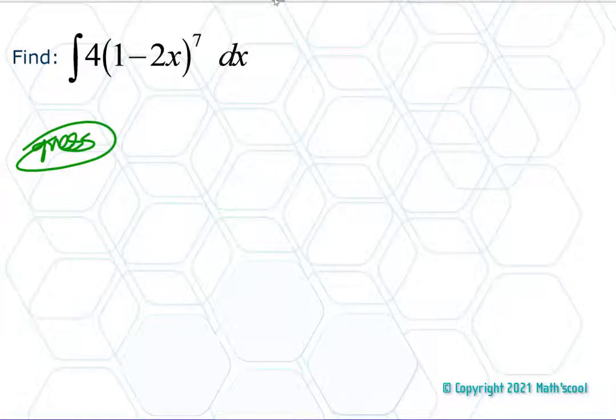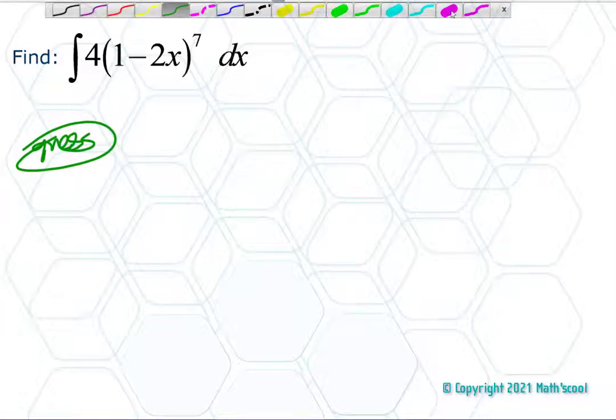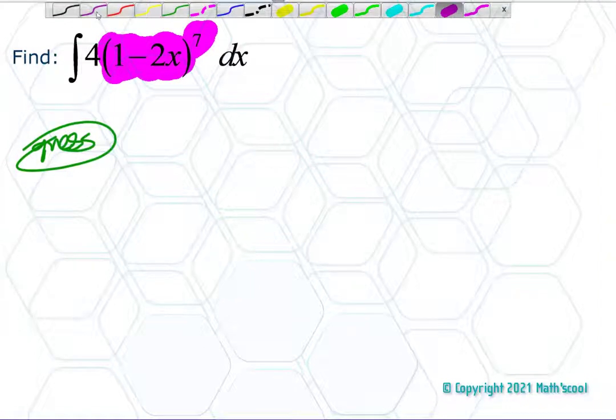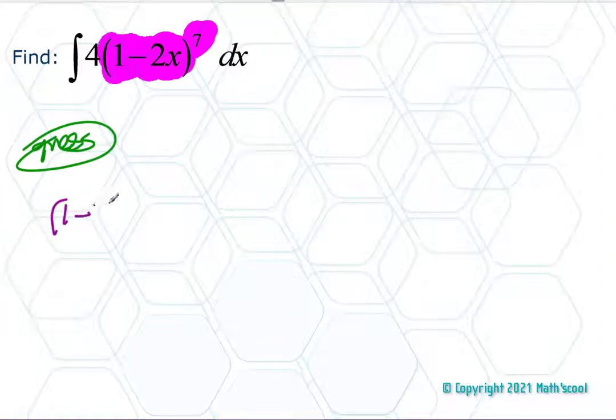It's basically going to be copying whatever is inside that set of brackets. So it's the whole of that set of brackets, but with the power raised by 1. So not 7, but 8. And I'm completely ignoring the 4. So that gives me (1 minus 2x) to the power 8.